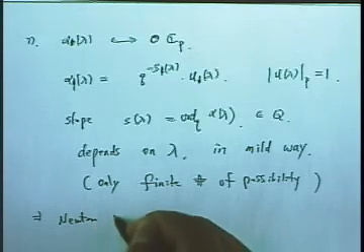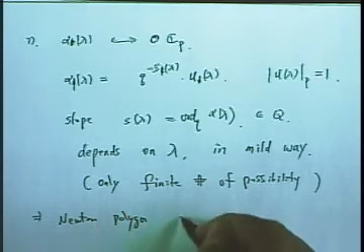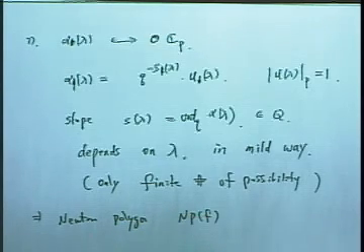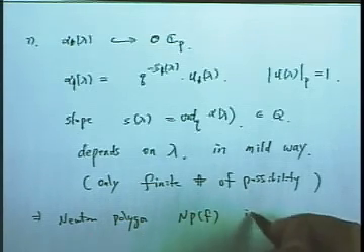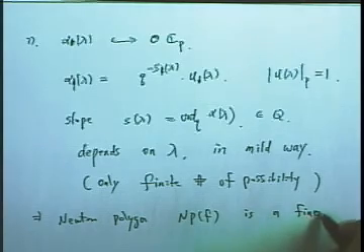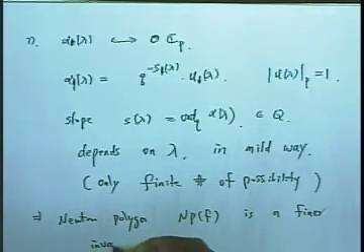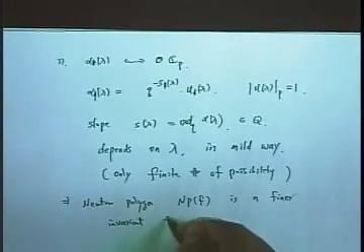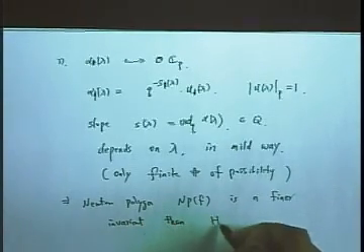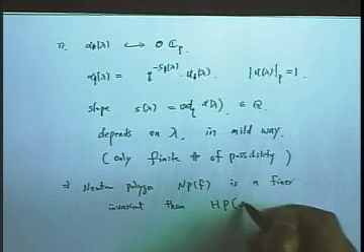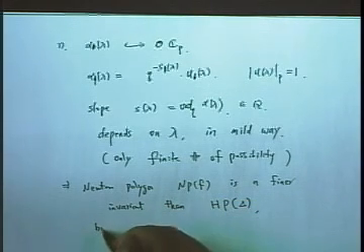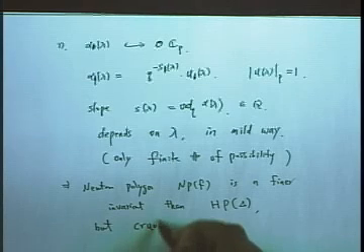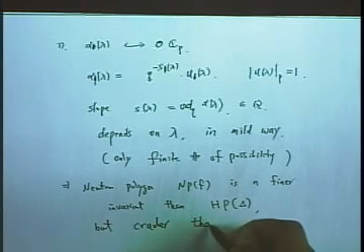So therefore, this Newton polygon for this L function is a finer invariant than the Hodge number. But certainly much cruder than the zeta function.